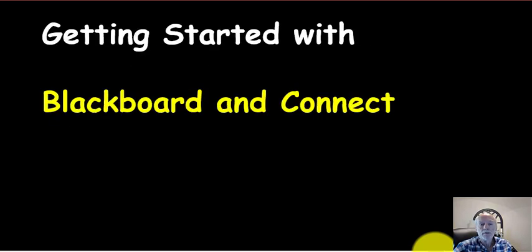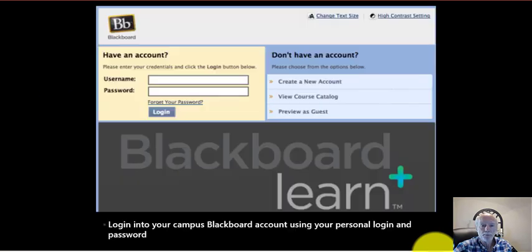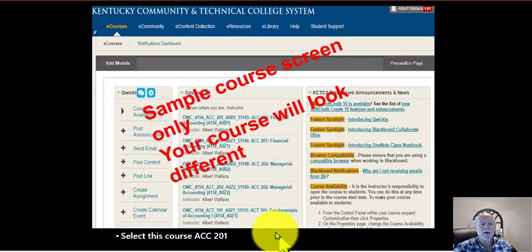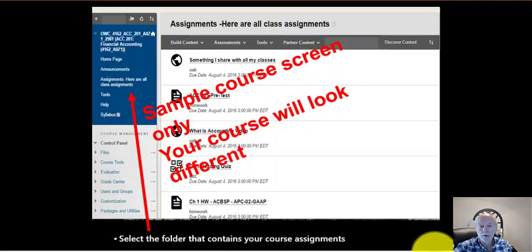Getting started with Blackboard and Connect. So let's talk about that a little bit. Log into your Blackboard account with your personal ID, username, and password, then go to ACC 201 Accounting and click on the course there.